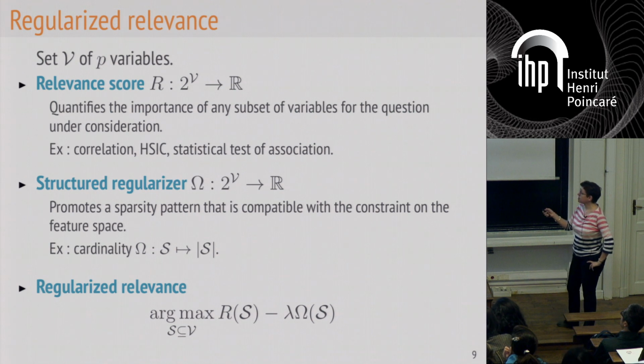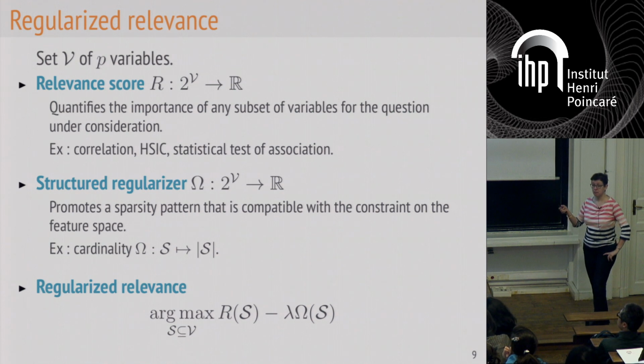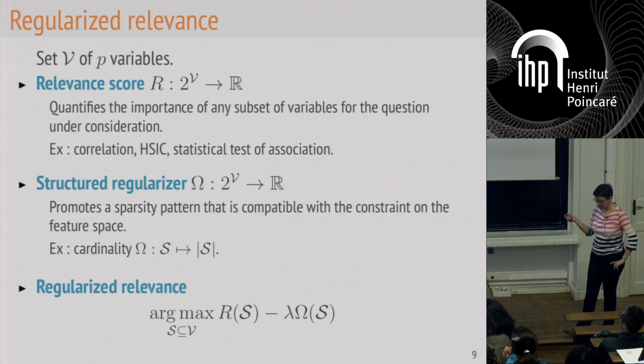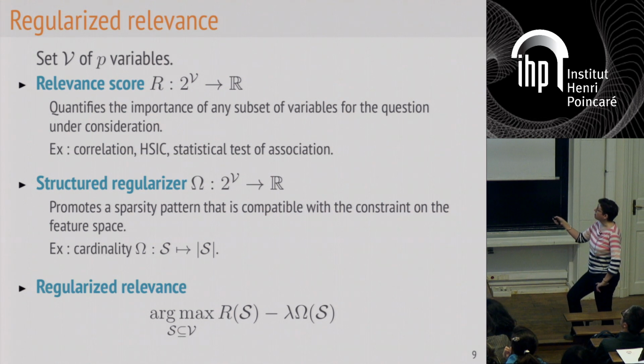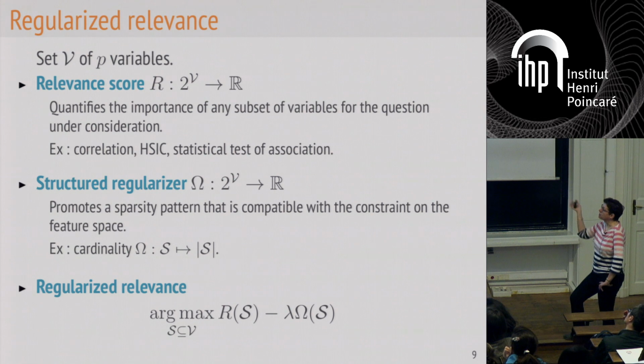Okay, so to do this, instead of minimizing an empirical risk, I'm trying to maximize what I call a relevance score, which is this function R here, which associates a score to a set of features. This quantifies the importance of a subset of features for the outcome.